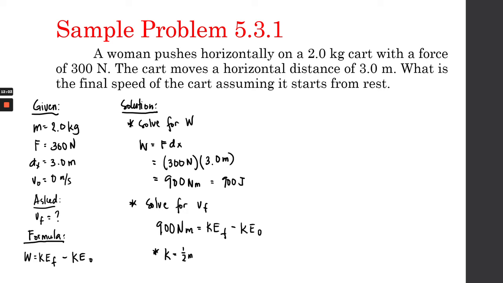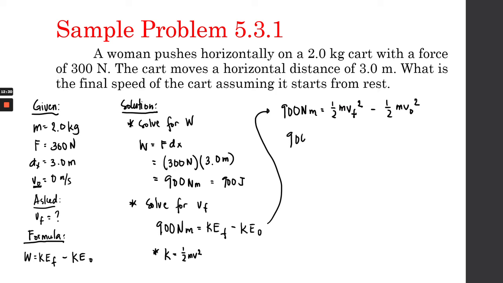1 half mv squared. So let's just substitute that. We're going to get 900 Newton meter is equals to 1 half mv final squared minus 1 half mv initial squared. And we know that our initial velocity is 0.